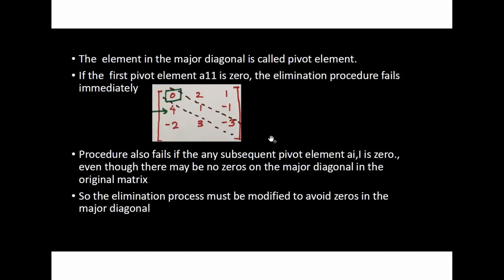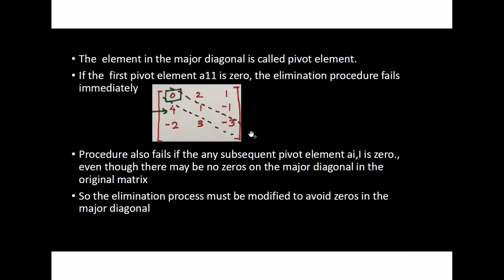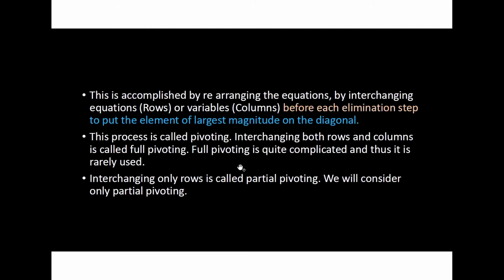So you end up doing many elimination processes, but before each elimination step, you have to put the element of the largest magnitude on the diagonal, as I mentioned. So after every elimination process, we have to bring the element of maximum magnitude into the major diagonal.